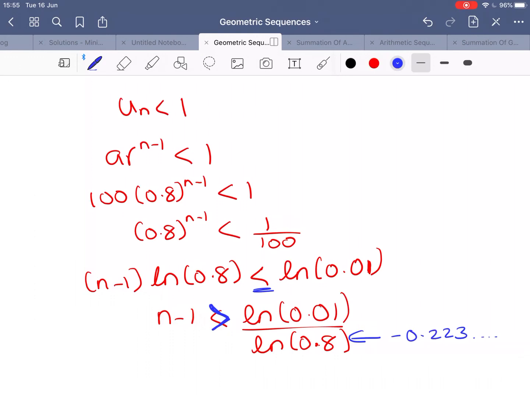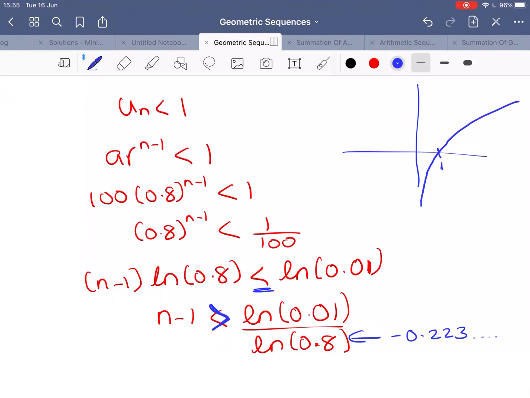So whenever you divide by a natural logarithm, or any logarithm, of a number less than 1, you will have a negative number. The reason for that is, if you remember what the graph of the natural logarithm looks like, it looks like that, where that is 1.